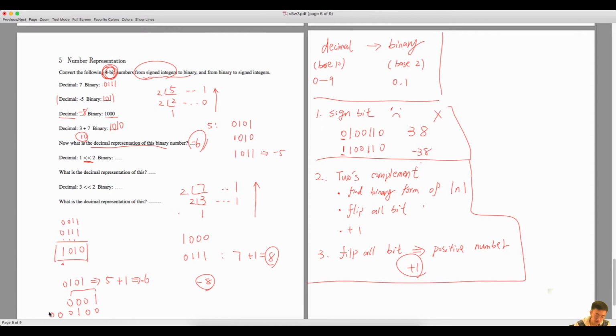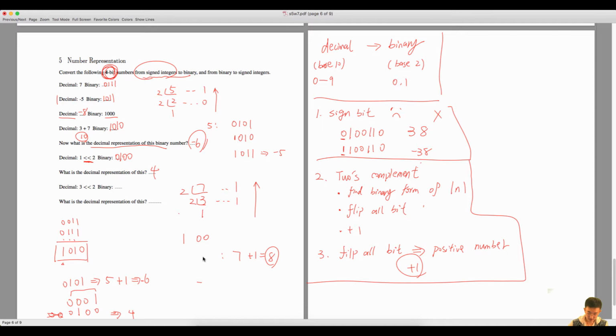And I get rid of the extra digits that exceed the 4 bits I'm using. So as a result, this will become 0, 1, 0, 0, and the decimal number is 4.